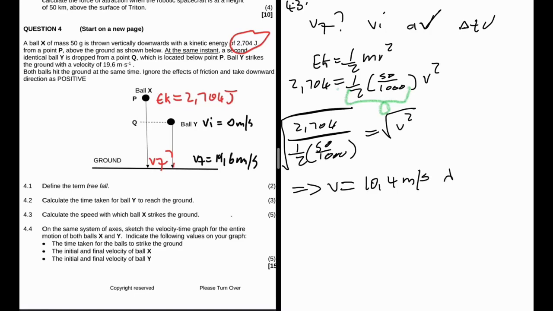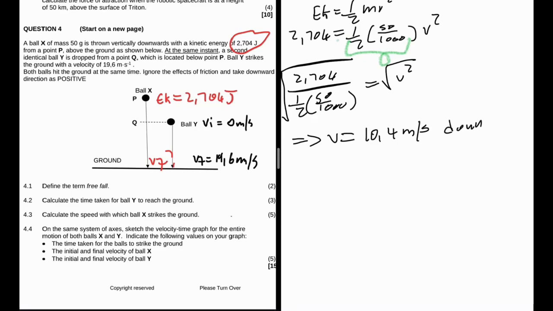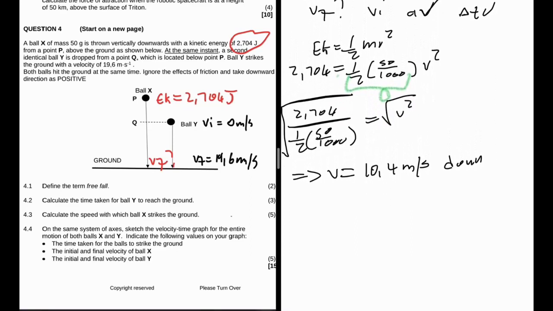And then we know that it's supposed to be going down, right? So now we have our VI, and we can go on and determine VF. So VF is equal to VI plus a delta T. VF is our unknown, but we know now that VI is 10.4. Acceleration is 9.8 because we're taking down as positive, and the time is 2 seconds.